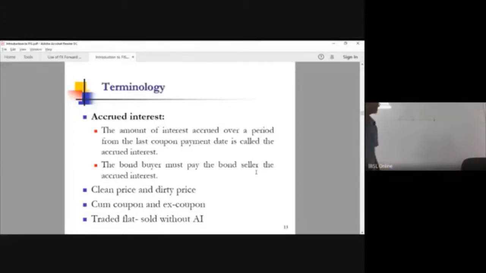Say this is coupon date 1. This is coupon date 2. The issuer may pay coupon.